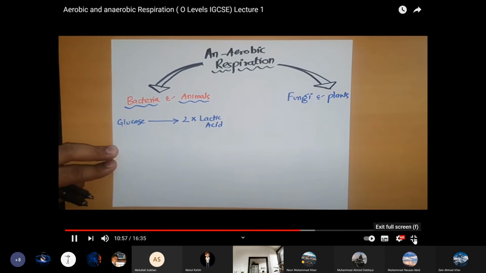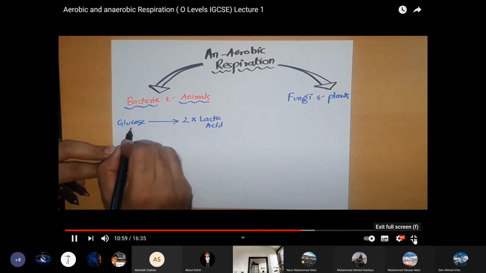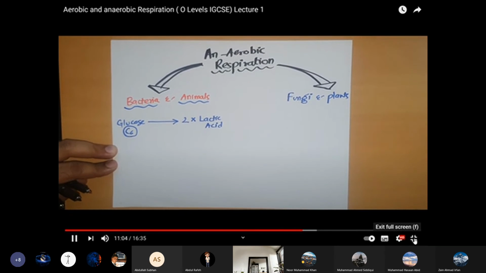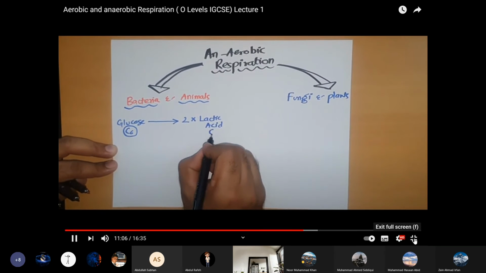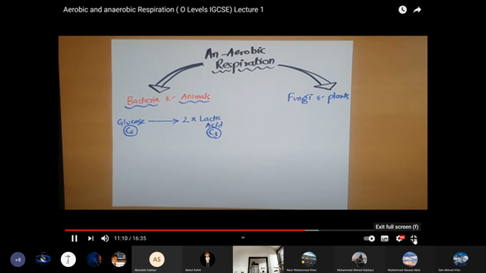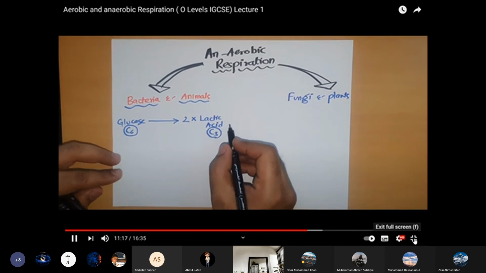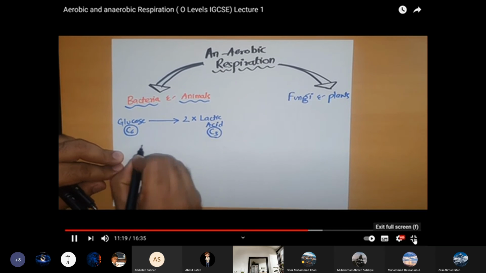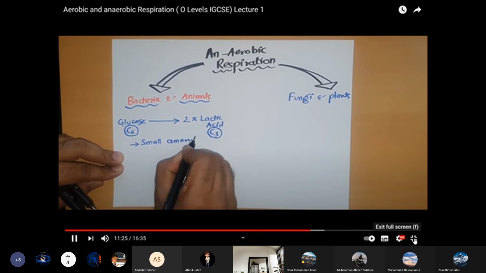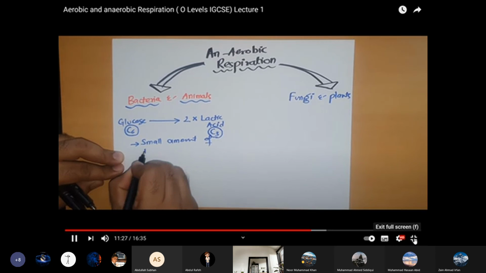If you guys remember, glucose is a 6-carbon molecule, and lactic acid is a 3-carbon molecule. So 3 twos are 6. On each side of the chemical equation, the number of carbon atoms becomes equal. With this lactic acid, there is production of a small amount of energy.